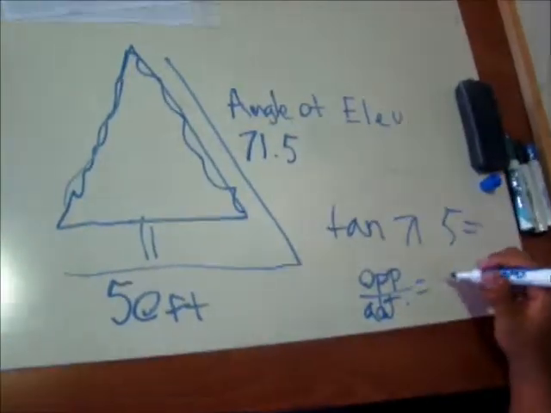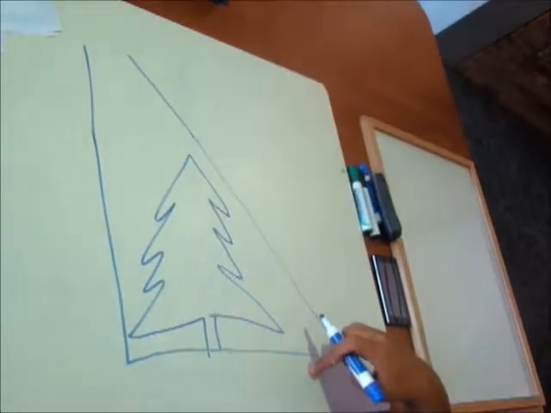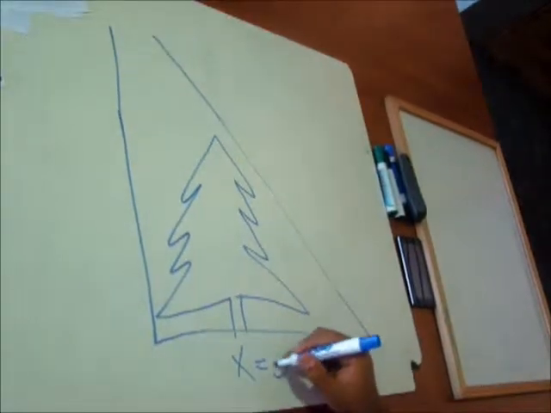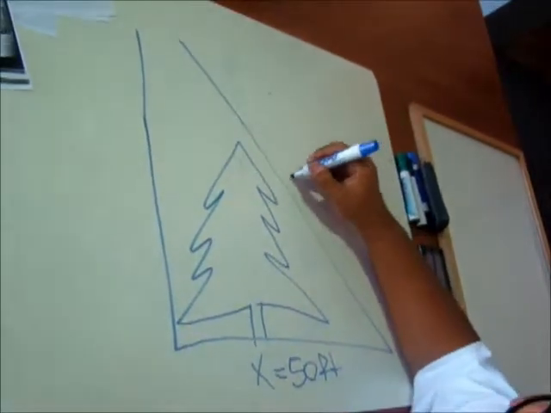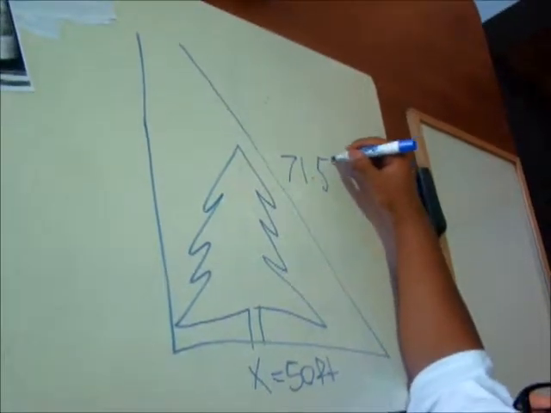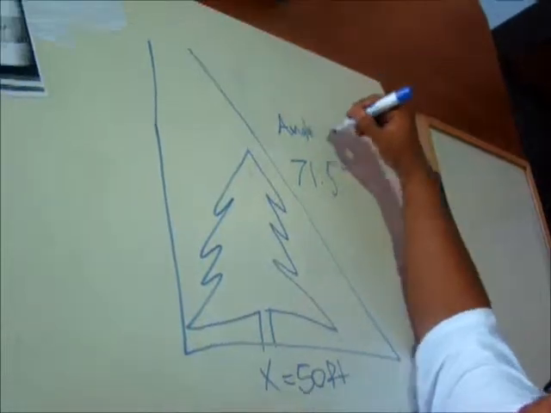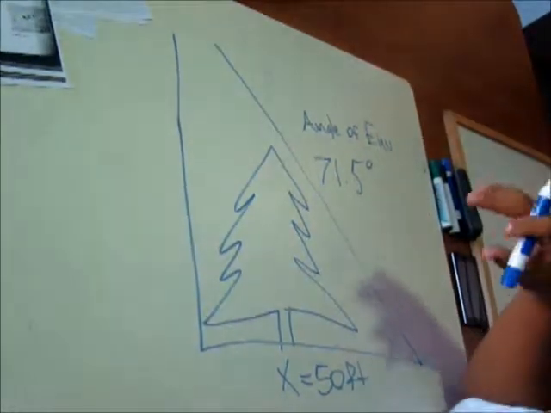Alright, that is x over y. The adjacent side is 50 feet. And the angle of elevation is 71.5 degrees. So angle of elevation.